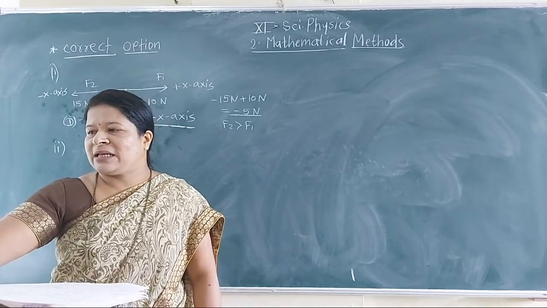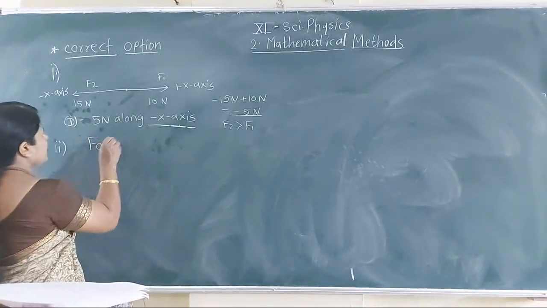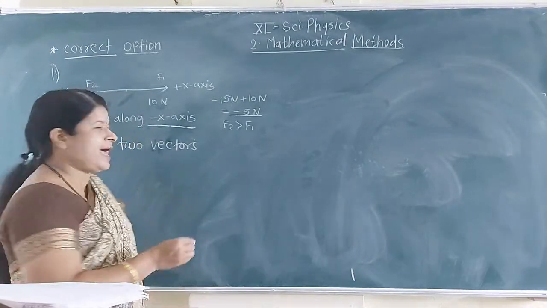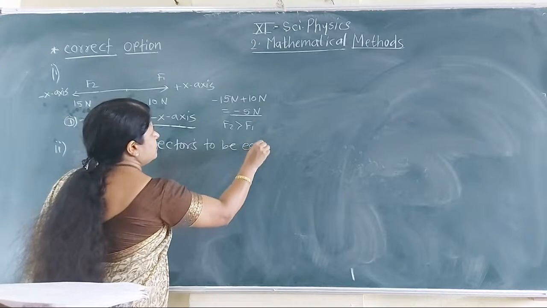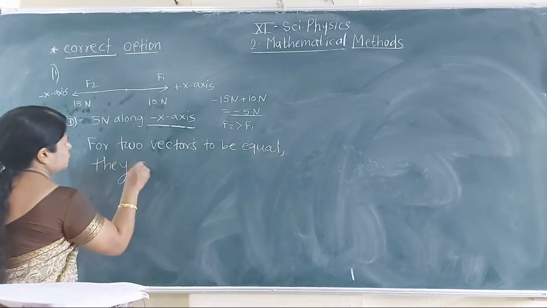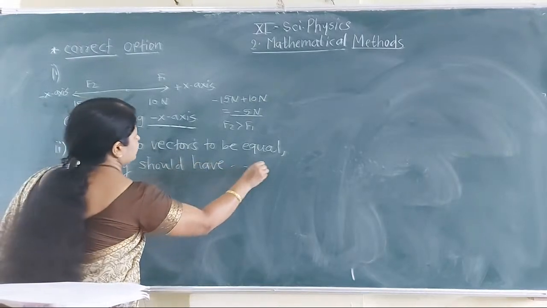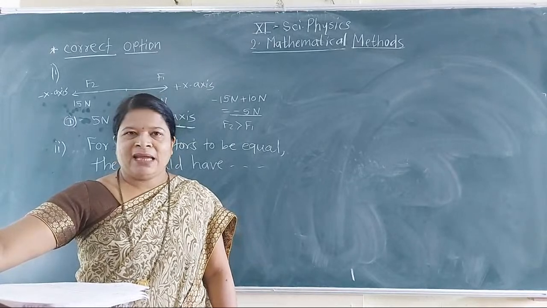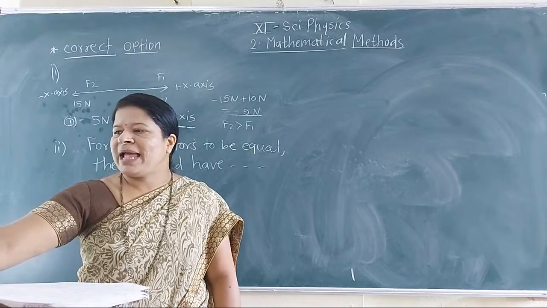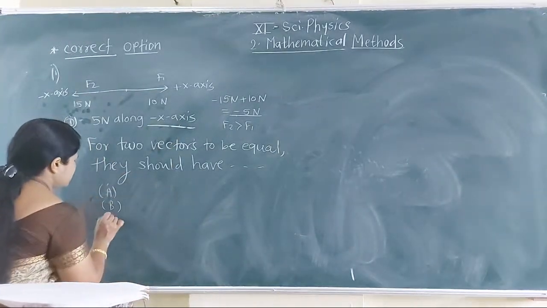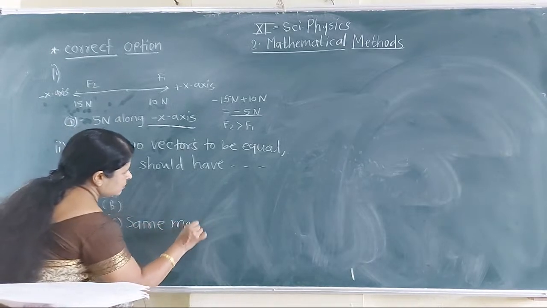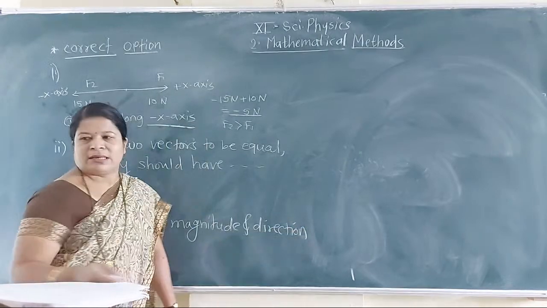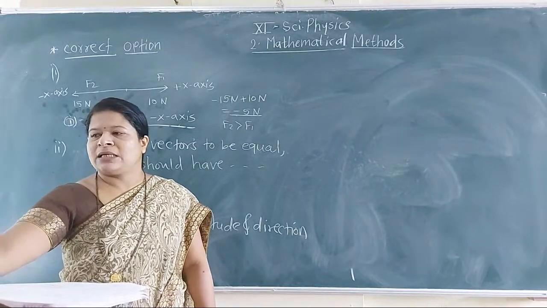Second MCQ: for two vectors to be equal, they should have, and the options are A same magnitude, B same direction, C same magnitude and direction, and D same magnitude but opposite direction.